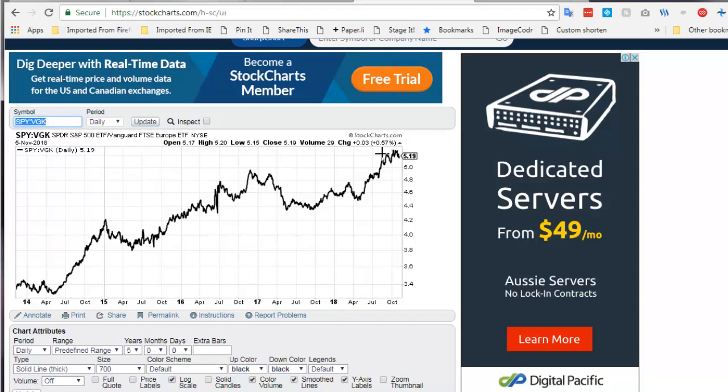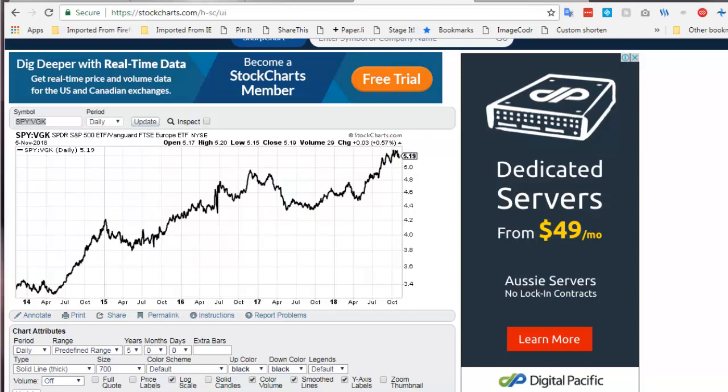What I'm really interested in are these turnover points. I've had a fair go at investing in Europe, and the question is, is this a turnover point here? Ideally, you want to look for a lower low here and invest at that point. So that's the comparison to the US market that makes me interested in looking in Europe.